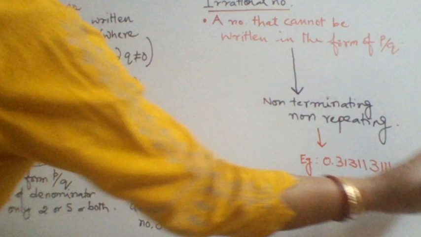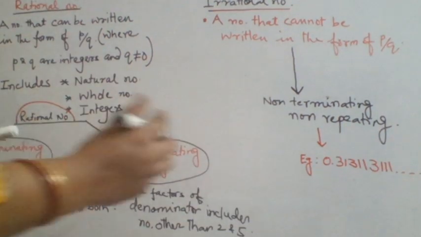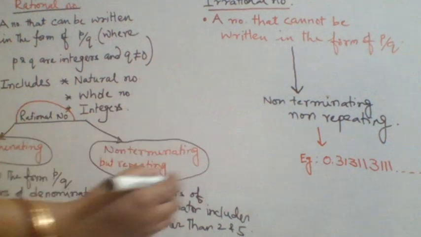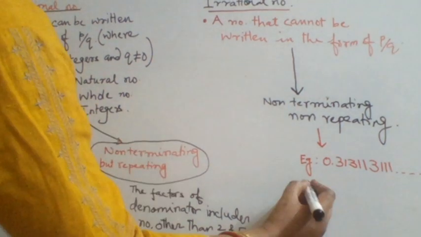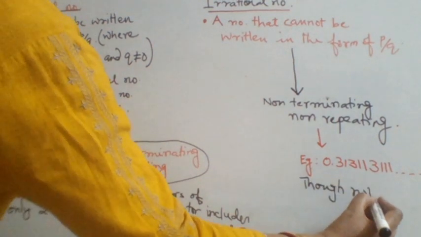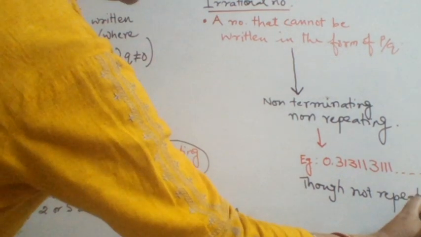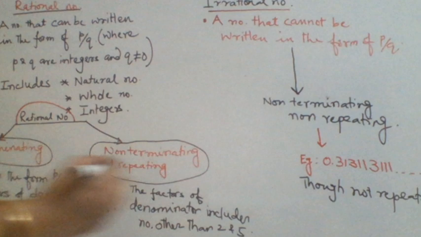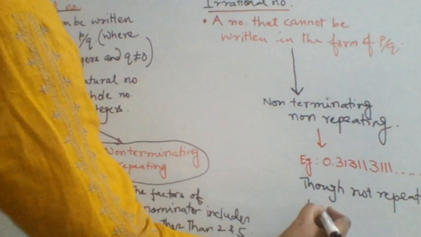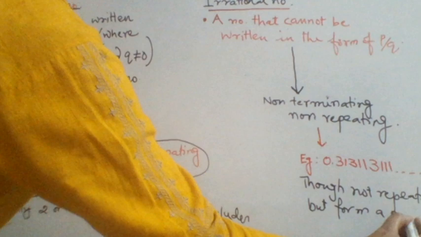So irrational numbers are not repeating, but they form a pattern. This you please note it down.